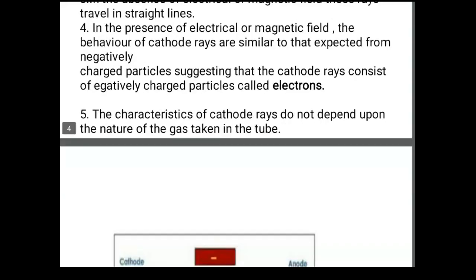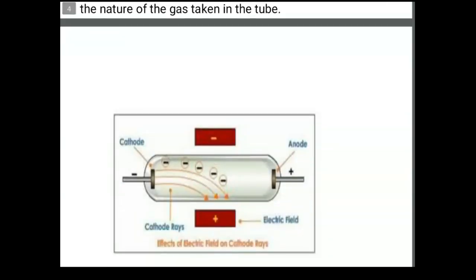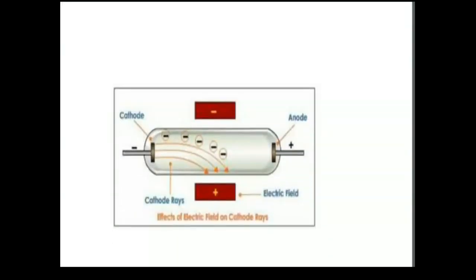Number one property of the cathode ray is these rays travel in a straight line. So, whenever a solid object is placed in the path of the cathode ray, it casts its shadow, which simply indicates that these rays travel in a straight line. Number two, cathode rays are made up of material particles.